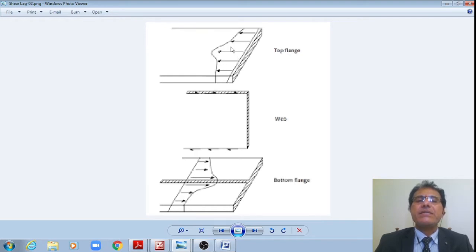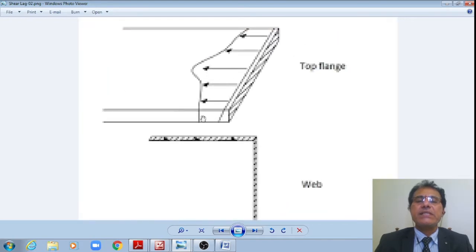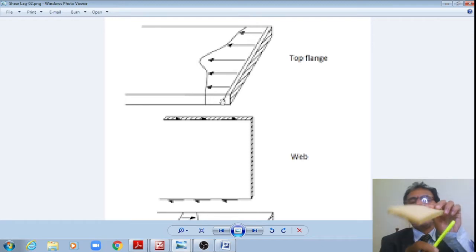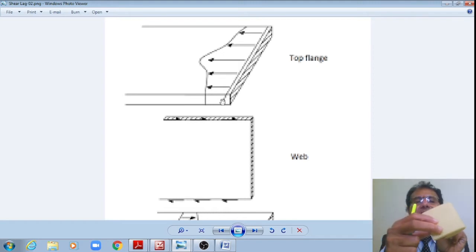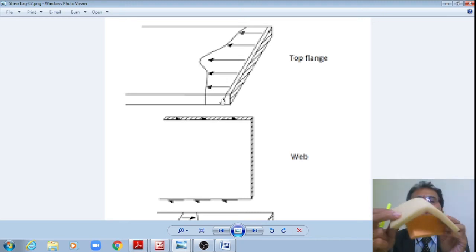But at that intersection, we can see that there is a large stress when compared to the smaller stresses at the free ends of the flange. Means there is a non-uniform distribution of the stresses across the flange.